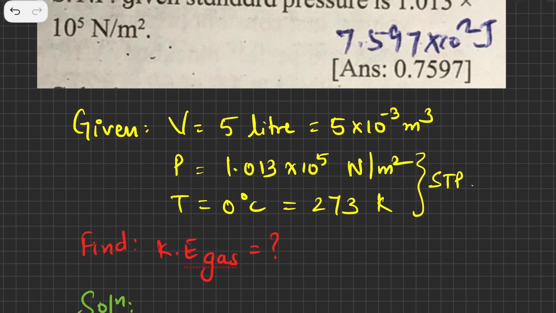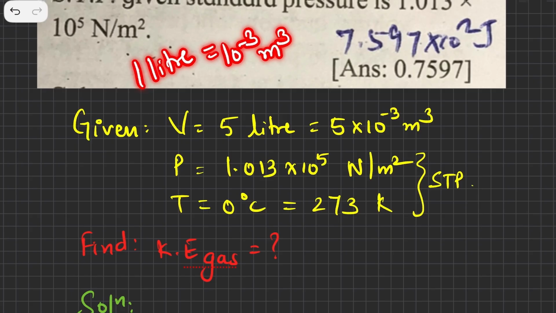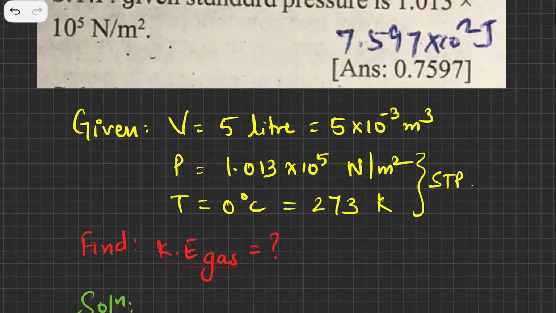Now liter is not an SI unit, so the conversion factor is 1 liter is 10 raised to minus 3 meter cube. So this is the conversion factor between a liter and a meter cube. So I have multiplied this 10 raised to minus 3 to 5 so that I get from liter to meter cube.